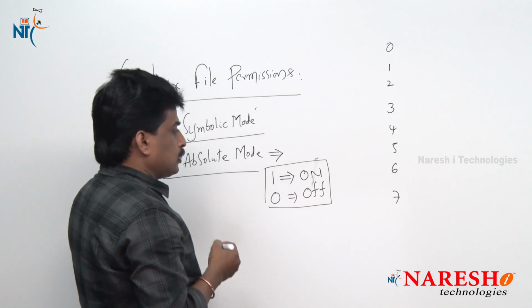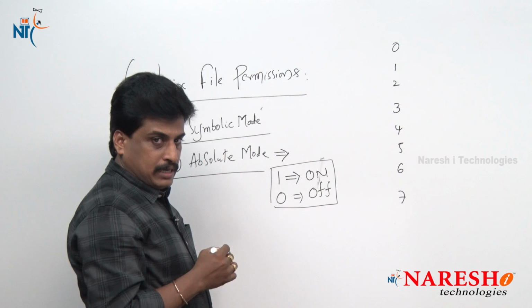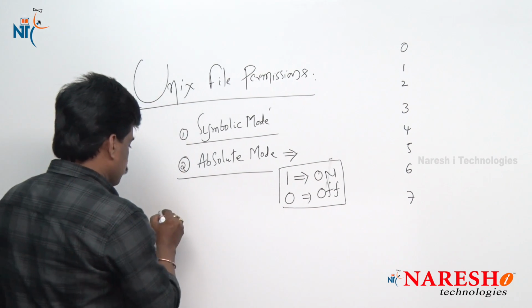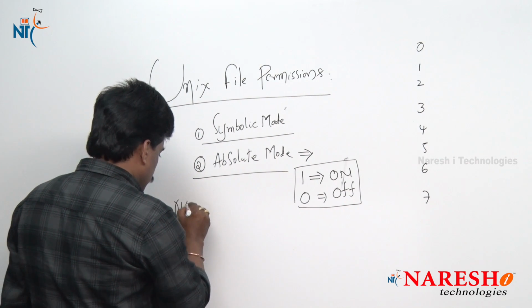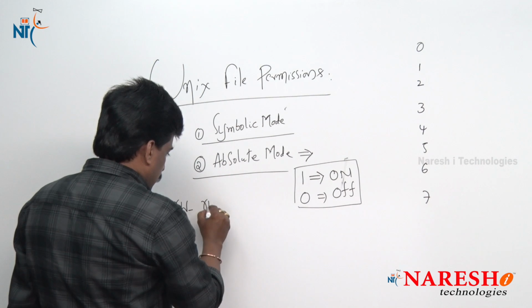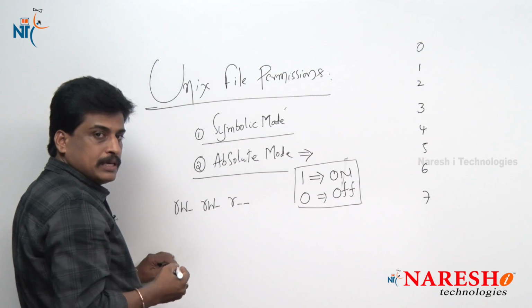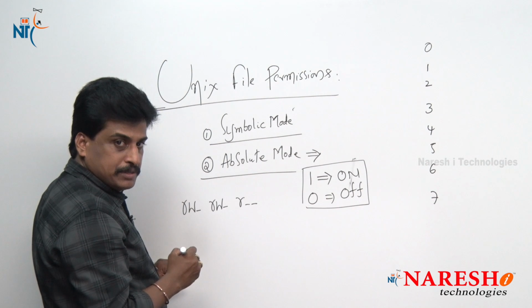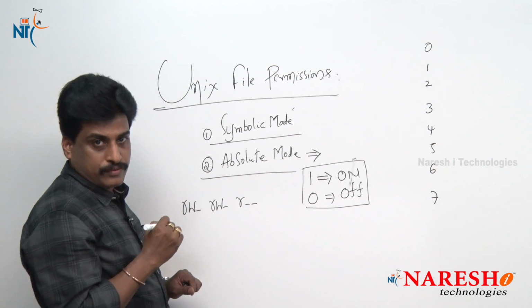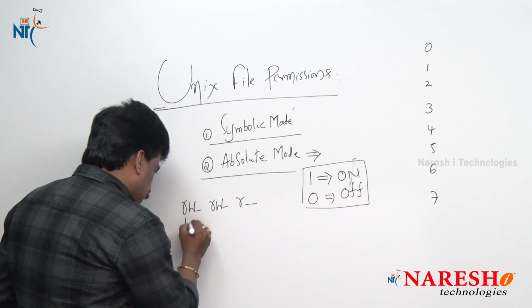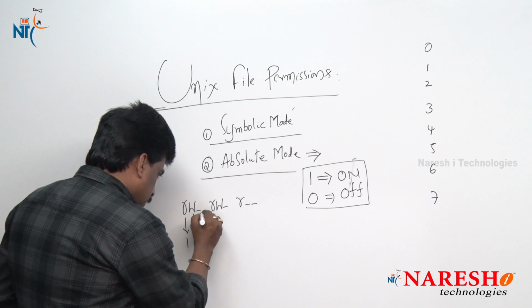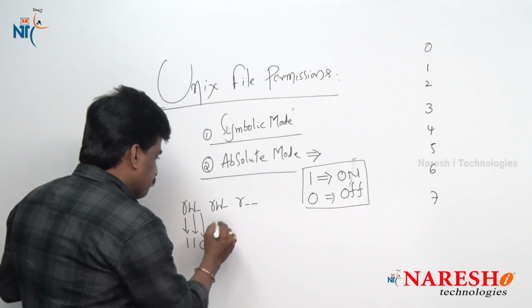Now, the default file permissions we already know: rw-, rw-, r--. These are the default permissions when you create a Unix file. Read 1, write 1, no permission 0.